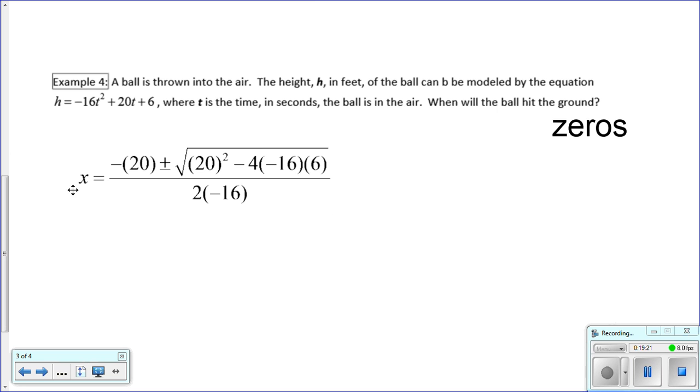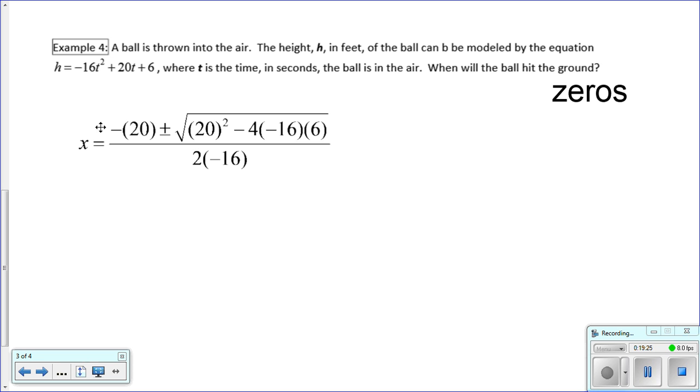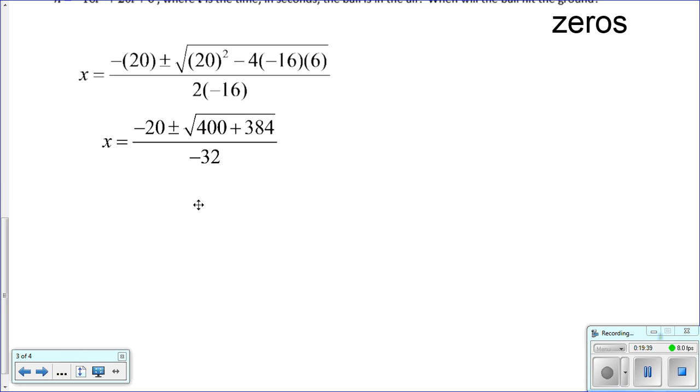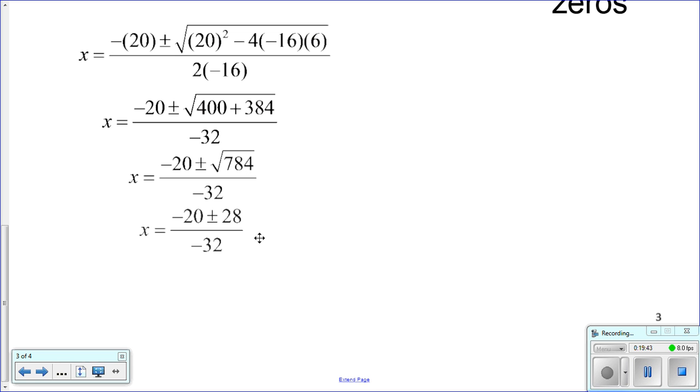So, I went ahead and did the quadratic formula. We plug in our a's, b's, and c's, and we go ahead and simplify. So we get negative 20 plus or minus the square root of 400 plus 384, all over negative 32. That becomes the square root of 784, which becomes 28.